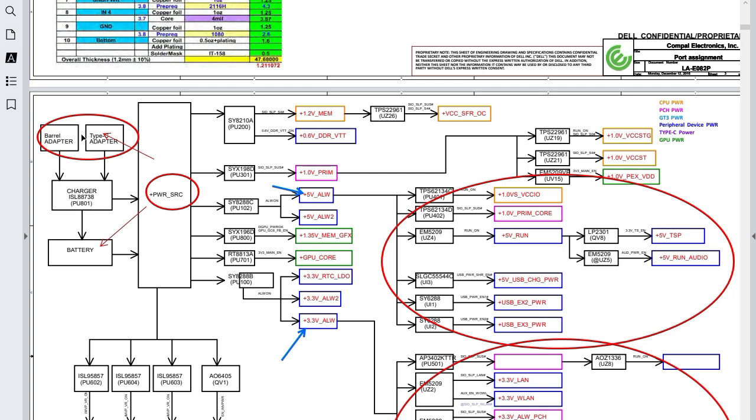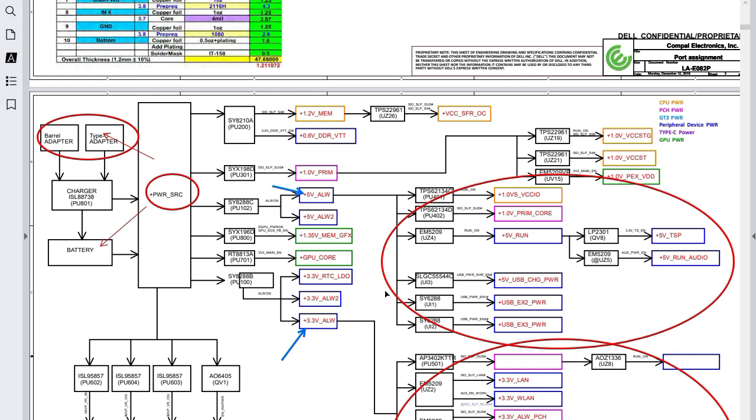So we should get 19 volts. Check first the adapter, then check the power jack, then we should check whether we get 19 volts or not. After that, after the presence of 19 volt, we should automatically find plus 5 volt always and plus 3.3 volt always in the motherboard without powering on the laptop.